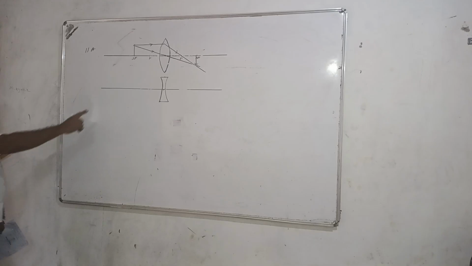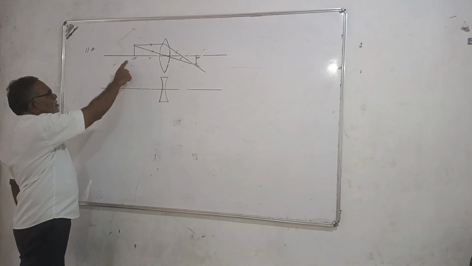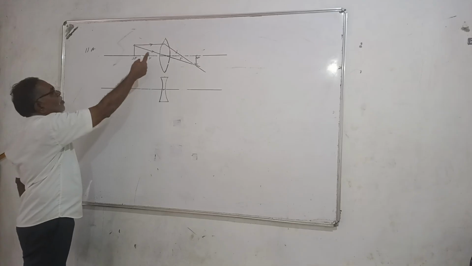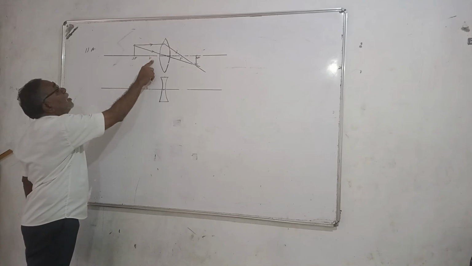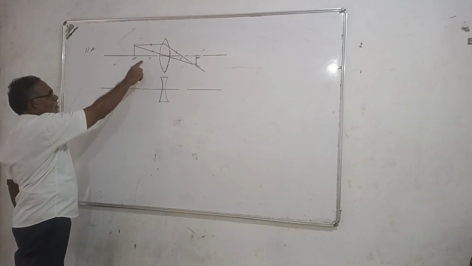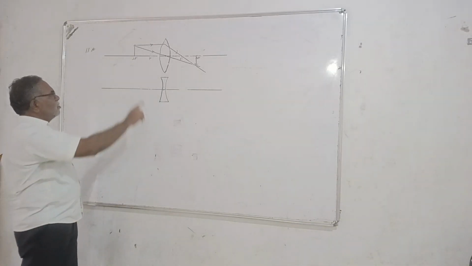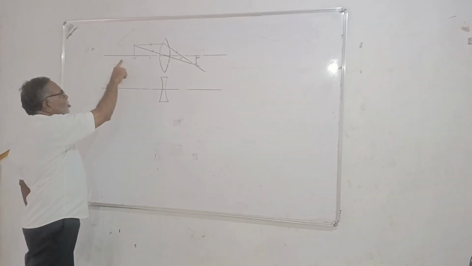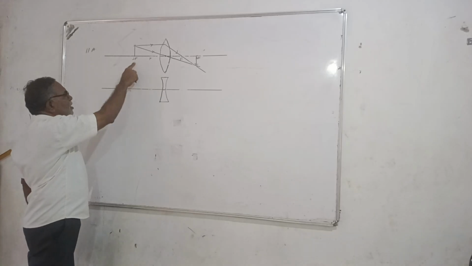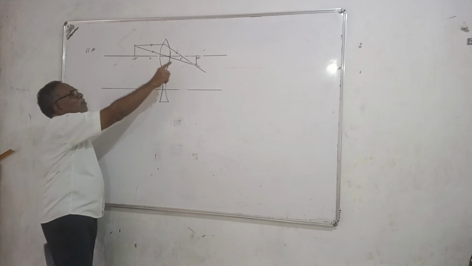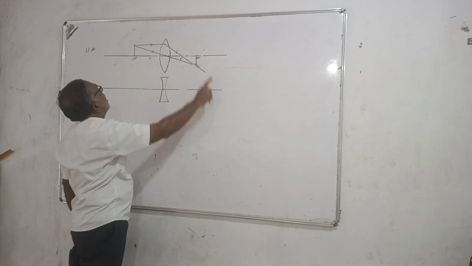So you draw similar diagrams when the object is beyond 2f, between f and 2f, and between f and the lens. When the object is at f, you are not getting the image. When the object is between f and 2f, the image is formed beyond 2f and you get an enlarged image.